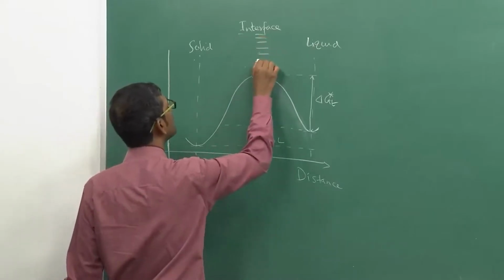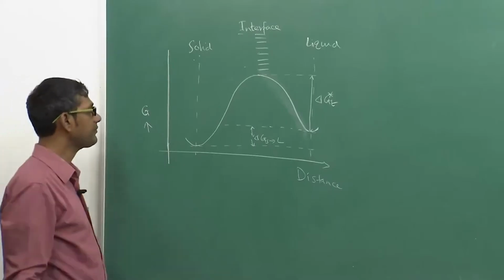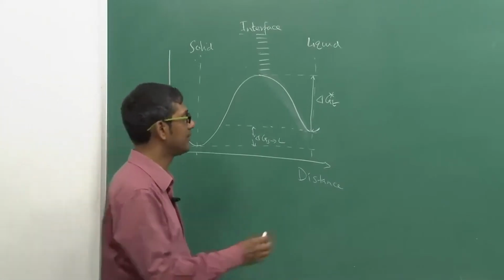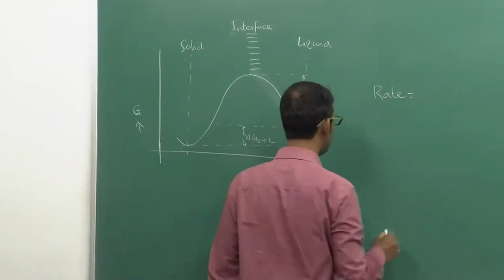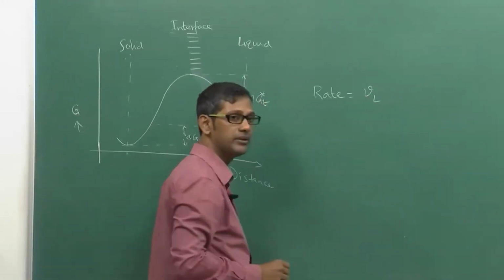control process. If this is an activation control process, then what is the rate? The rate of the process can be defined as the frequency of atomic jumps from the liquid to the solid.